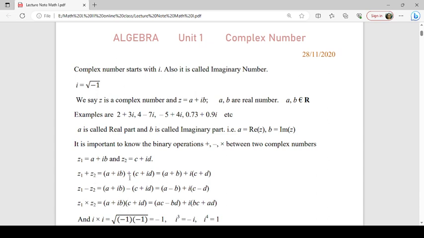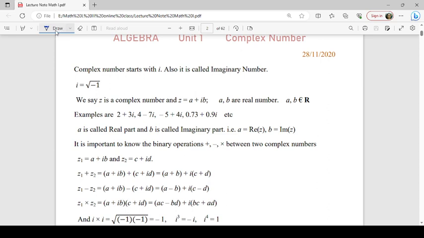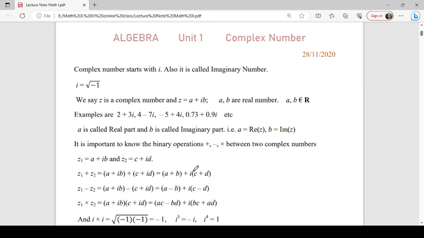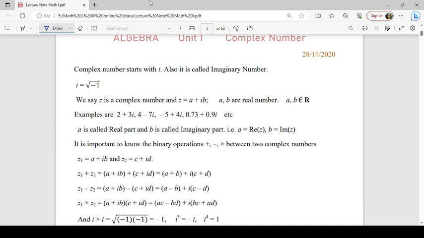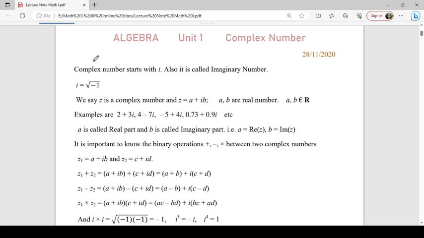Sorry, this was wrongly written. Real and real, so a plus c is the real part, plus i times b plus d.